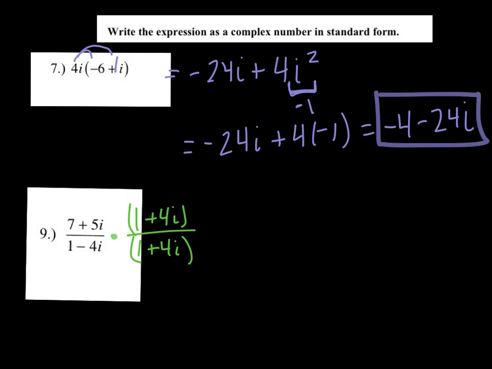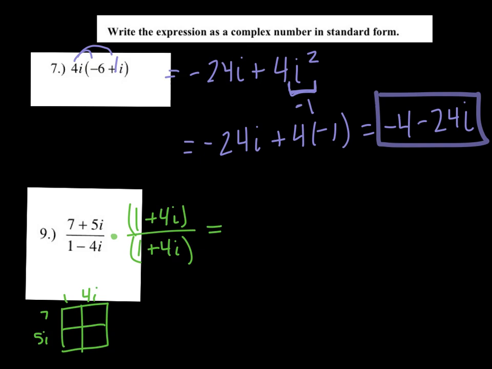So if you guys need to, you can use that box and do 7 and 5i times 1 and 4i. And you'll have to do the bottom as well. 1 minus 4i times 1 plus 4i. Well, on the bottom, since they're conjugates, that middle term goes away.